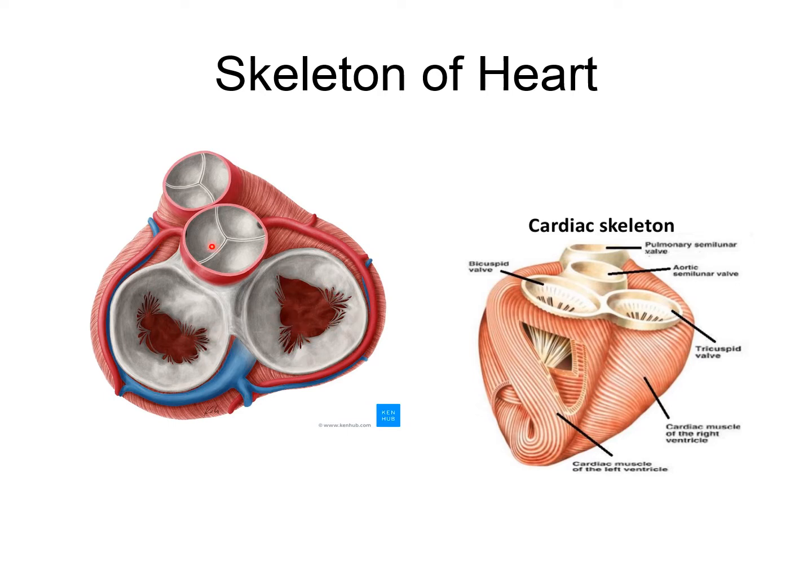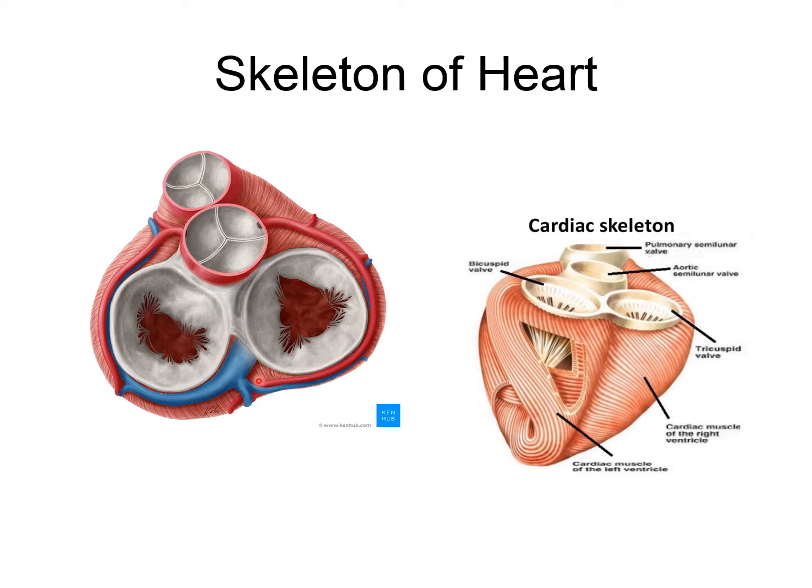Then the connective tissue also provides the base for the semilunar valves. They are the pulmonary semilunar valve and the aortic semilunar valve. So these valves are made up of fibrous connective tissue.